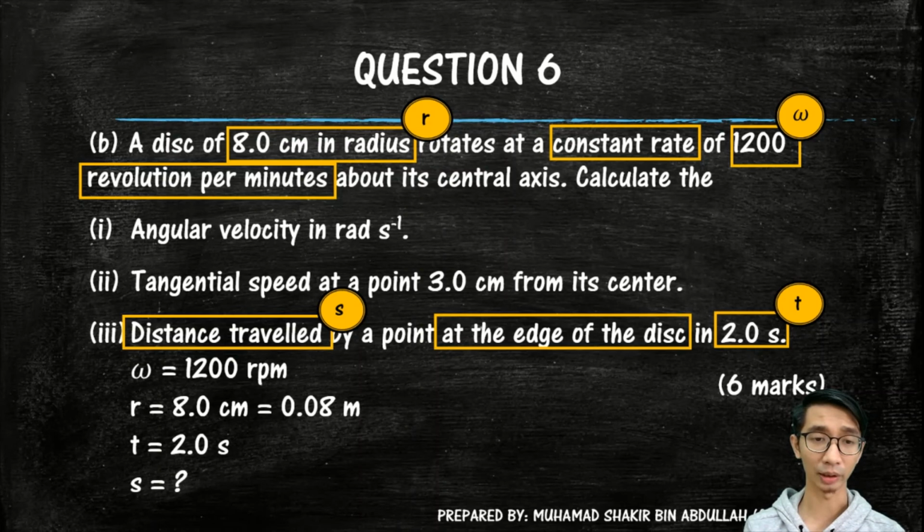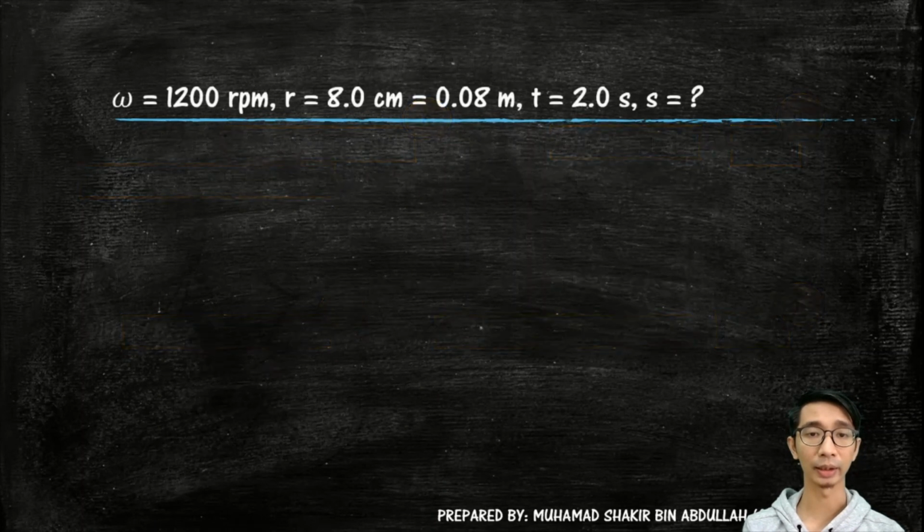Writing down all the information here, let us check our working. We start with our equation, theta equals omega t. Why am I starting from angular displacement, not directly finding displacement? Because the linear displacement, the distance traveled, is s equals r theta. This is the equation relating displacement and angular displacement.